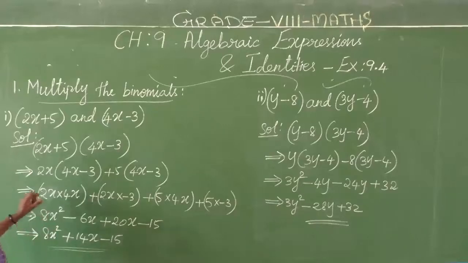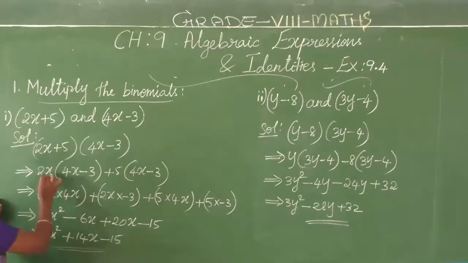In the second step, I took the first term of the binomial and multiplied it with the second binomial: 2x into 4x minus 3 plus 5 into 4x minus 3.